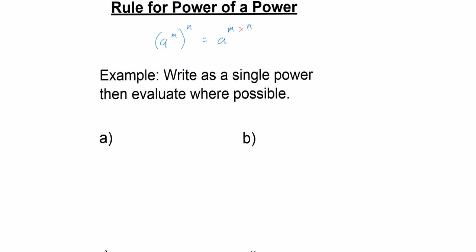Now, we're going to go over some examples. So we're going to see problems where they say write as a single power and then evaluate. So basically, we're simplifying the exponents into one number, and then later on we're going to use our calculator to calculate the final answer.